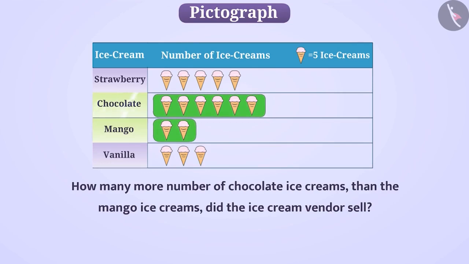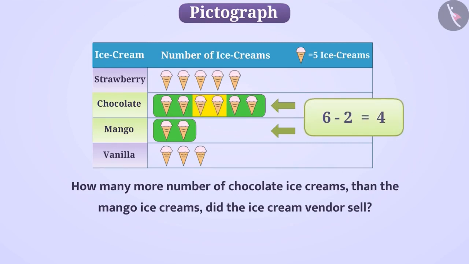We will subtract the number of images drawn in the row of mango ice cream from the number of images drawn in the row of chocolate ice cream, the result of which is 4. That is, 4 images more. And then, by multiplying 5 multiplied by 4, we obtain the number 20, which tells us that the ice cream vendor sold 20 chocolate ice creams more than the mango ice cream.